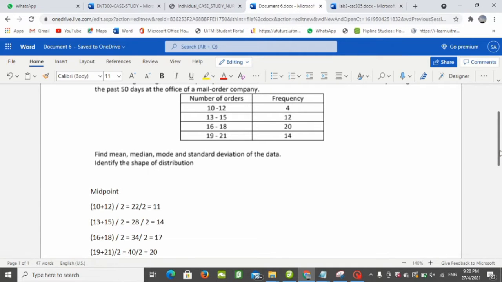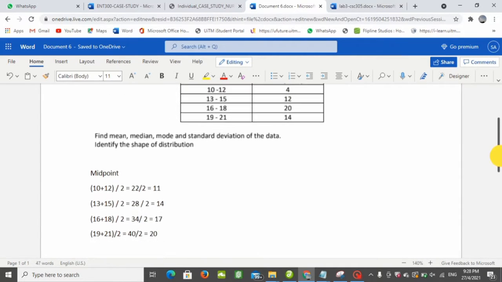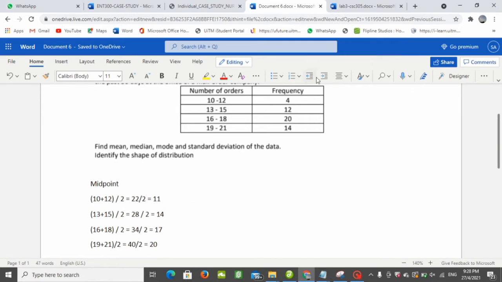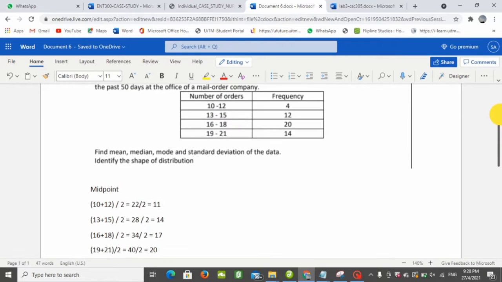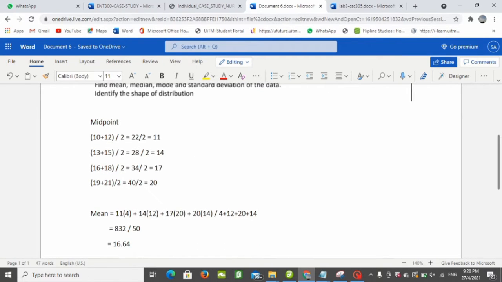Okay, next, to find mean, multiply the midpoint with the frequency. The midpoint for the 10 to 12 class is 11. So we will multiply 11 with 4, the frequency. So 11 multiplied with frequency 4, 14 with 12, 17 with 20, and 20 with 14.